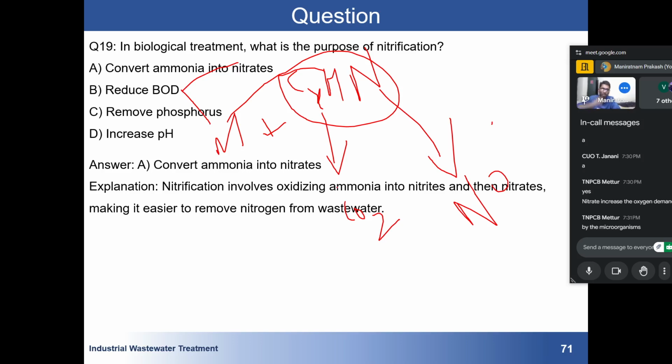So when oxygen is demanded only for conversion of carbon, it is known as carbonaceous biochemical oxygen demand. But when this oxygen is required for nitrogen, it is known as nitrogenous biochemical oxygen demand.